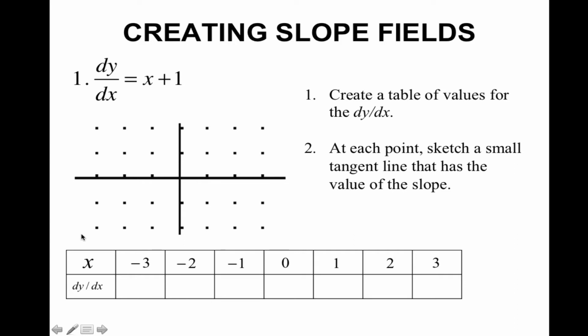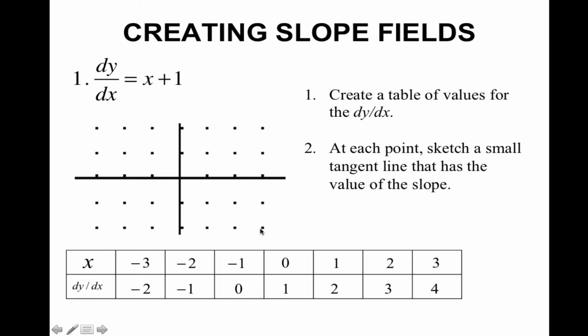In this particular case, I am going to find the value of the slope from -3 to 3. So I'm going to put -3 in for x, so -3 plus 1 gives me negative 2. And then so on. Negative 2 plus 1 gives me negative 1. And I will keep going till I fill out the table.